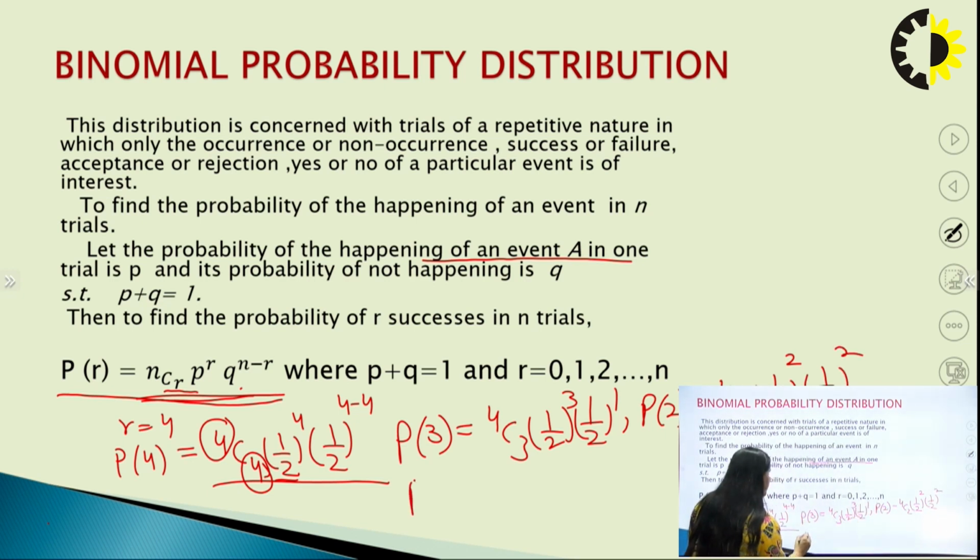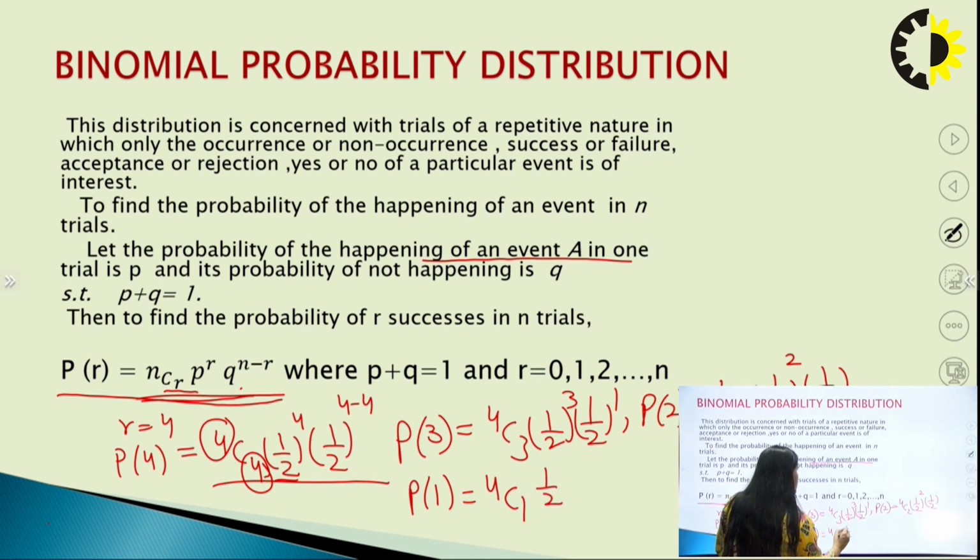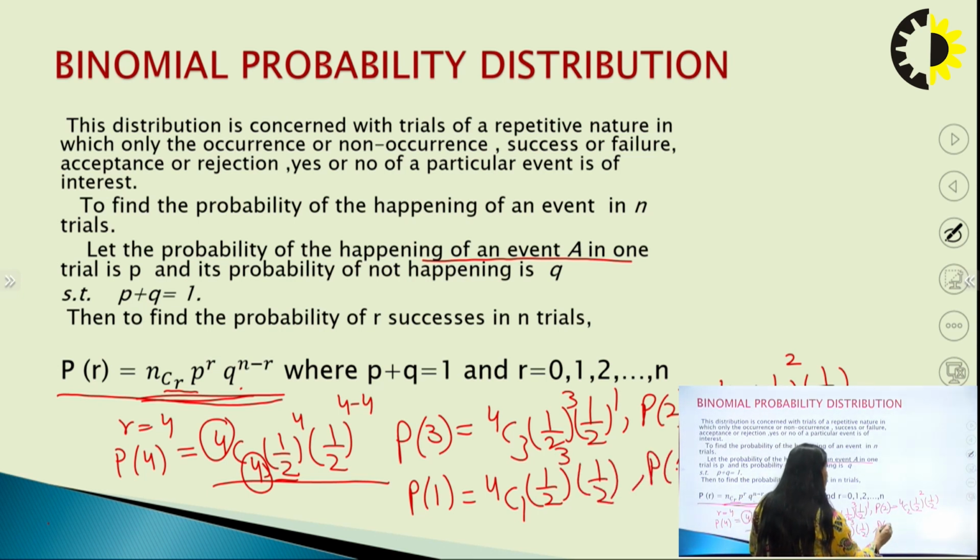For P1, it is 4C1, 1 by 2 to the power 1 into 1 by 2 to the power 3. And similarly, for P0, it is 4C0, 1 by 2 to the power 0 into 1 by 2 to the power 4 minus 0. Here it is.